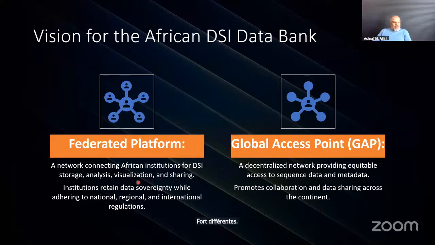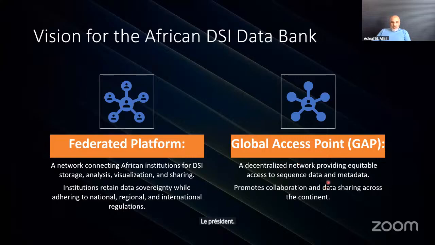Of course, the institutions will retain their own data sovereignty while adhering to their own regulations. But we have a federated platform that allows access to these different data sets that might reside in different databases scattered across different institutions. We're also looking at having what's called the global access point.